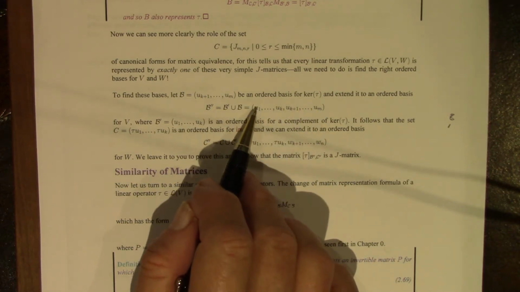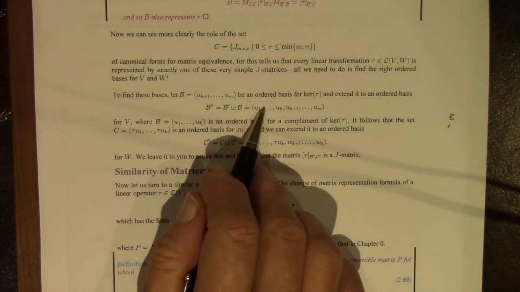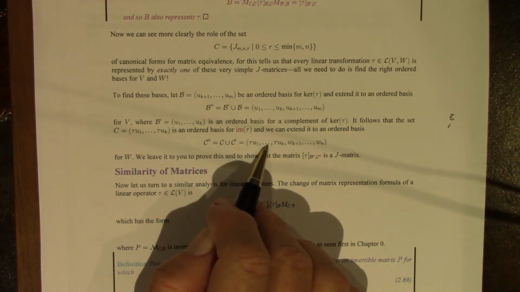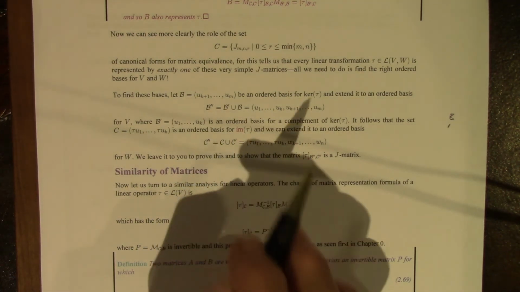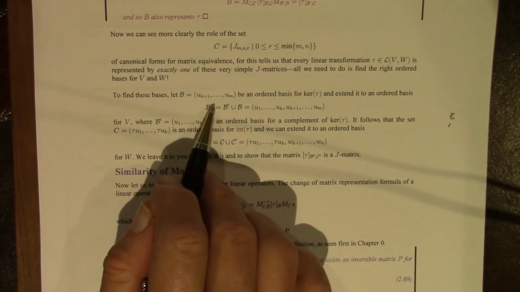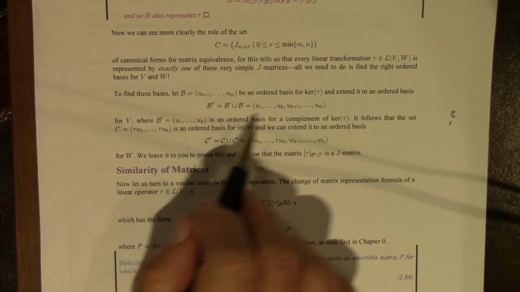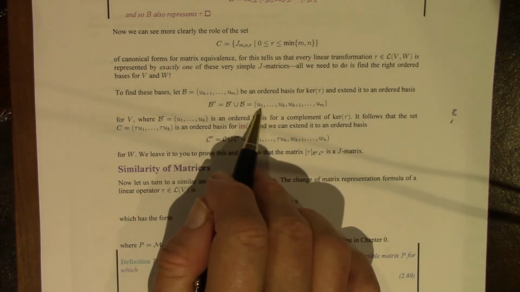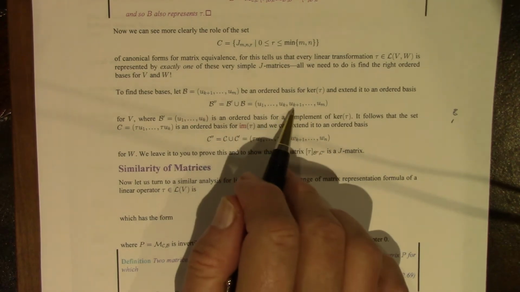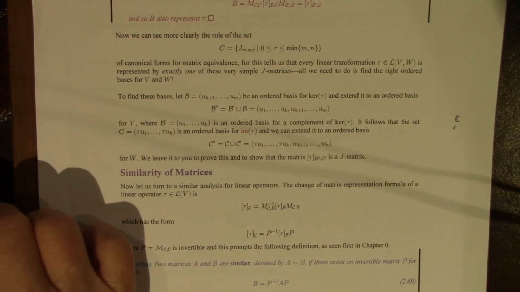So tau is mapping the first basis vector to the first basis vector, second basis vector to the second basis vector, and so on, which means the matrix representation of tau with respect to B double prime and C double prime is a J matrix. You get k ones, and then you switch to zeros.